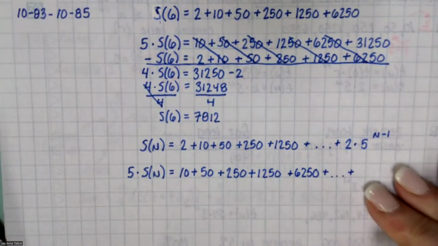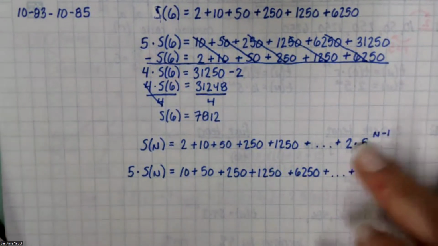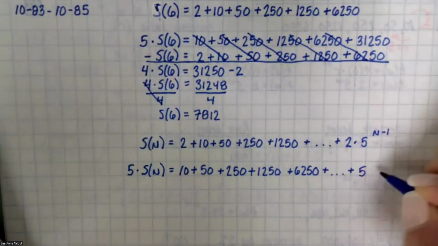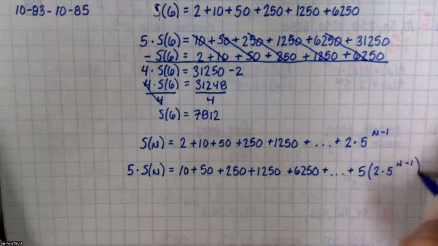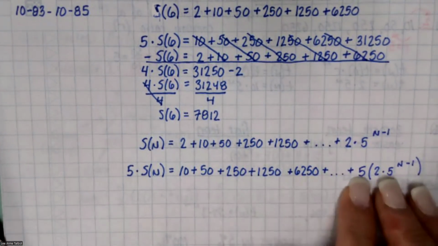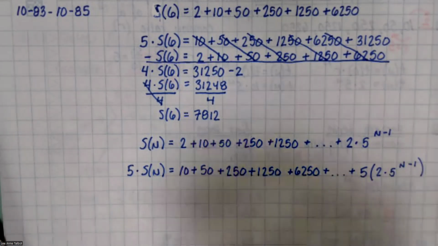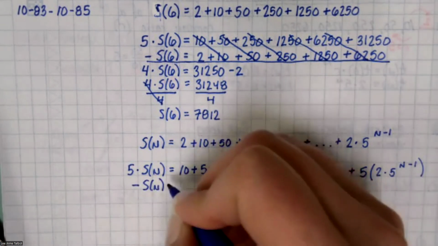This is the hardest moment of the entire day. What would this be if I multiplied it by 5? To make it easier on ourselves, we'll just go like this. There are people in here who will understand what happened there later, but for most of us, it's easier to multiply it by 5 for the moment. Now I'm going to subtract off the original and see what cancels.